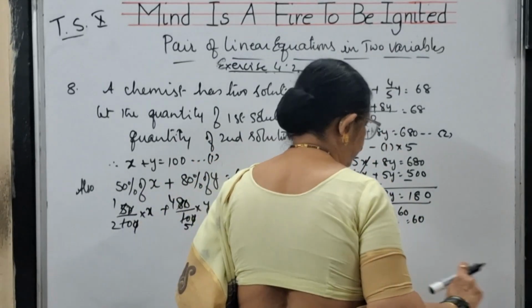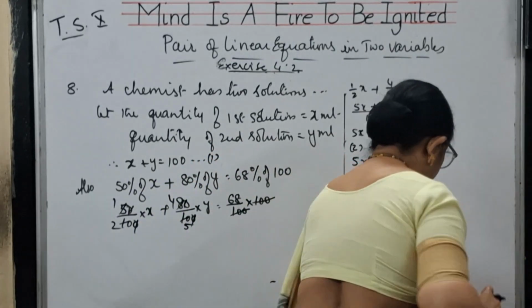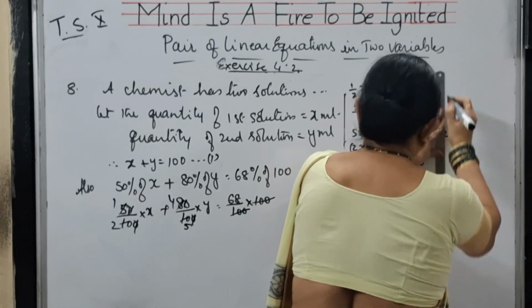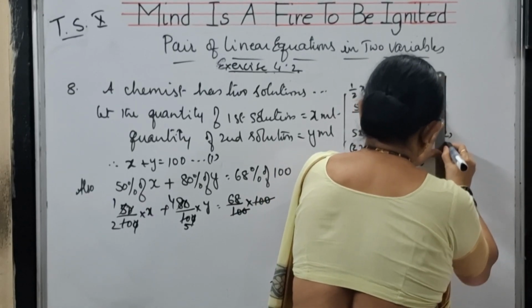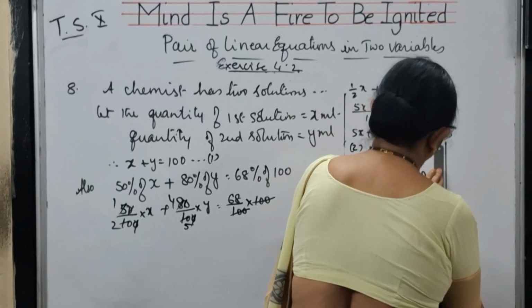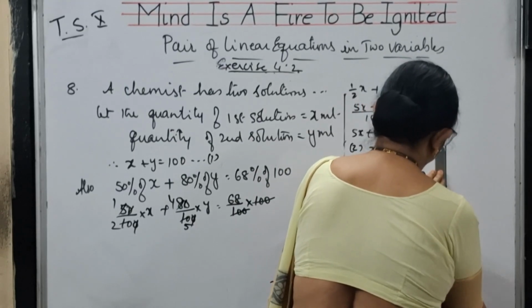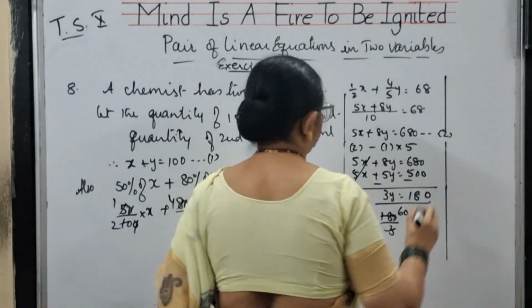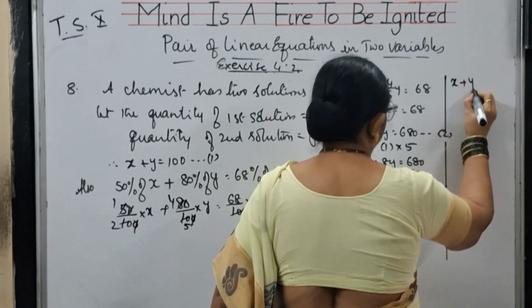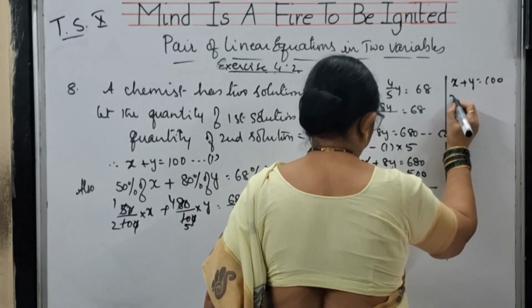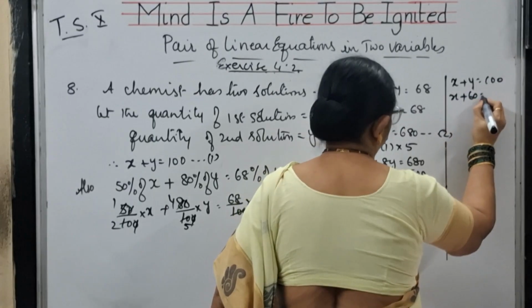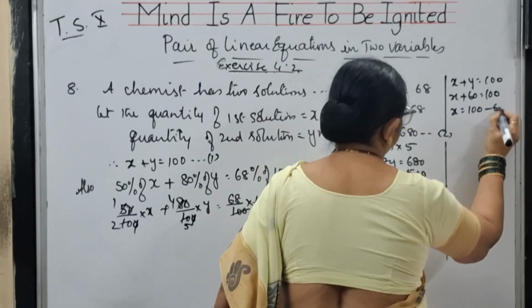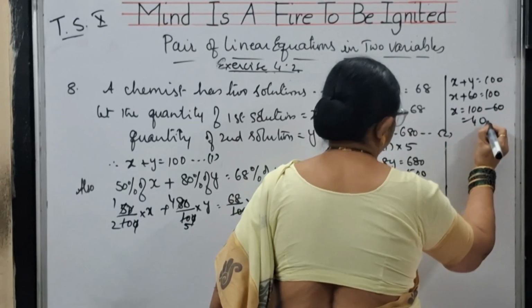Now let me go for the next one. x plus y is equal to 100. x plus 60 is equal to 100. x is equal to 100 minus 60, that is 40.